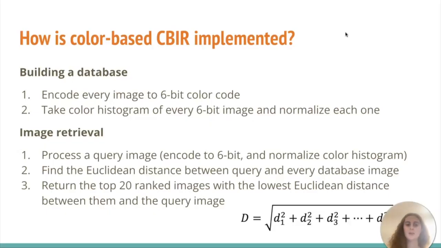And then after we have the Euclidean distance between the query image and every database image, we want to return the top 20 ranked images with the lowest Euclidean distance between them and the query image. So in other words, the images that have the lowest Euclidean distance are most similar to the query image in terms of their color, their 6-bit color histogram.